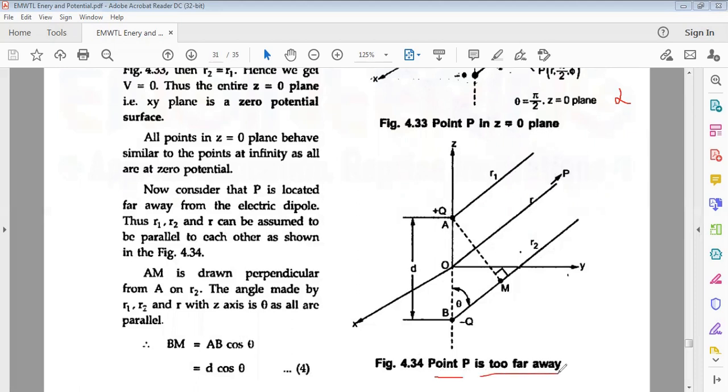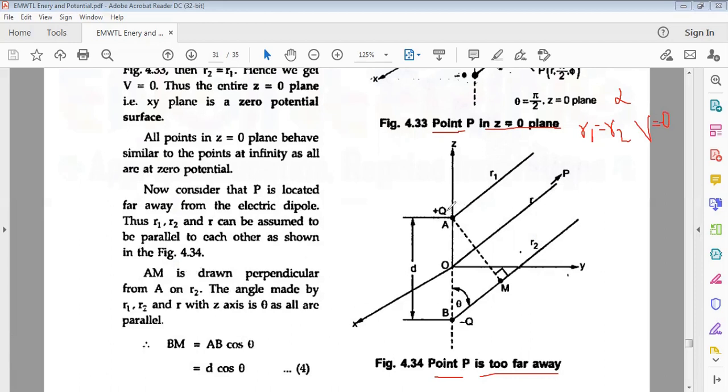If the point P is too far away and in the Z is equal to 0 plane, R1 is equal to R2 and the potential V is equal to 0. So when the point P is located far away from the electric dipole, R1, R2 and R can be assumed to be parallel to each other, as shown in the figure.